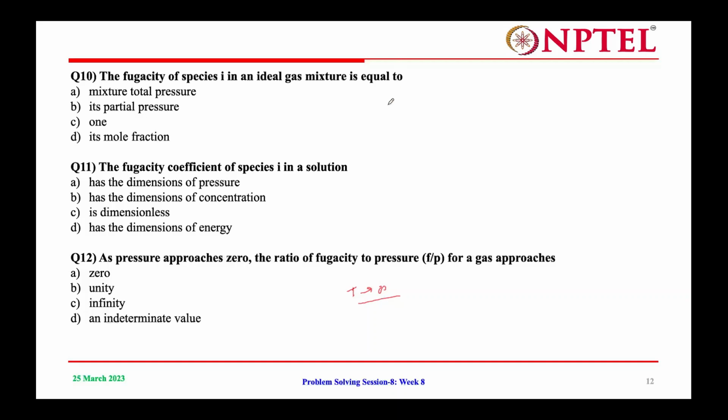I need to check it. Now I will tell you in the next session. So, sir, what do you think? If you put a limit T tends to infinity, okay.